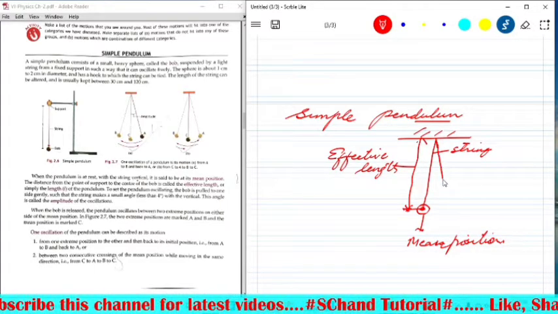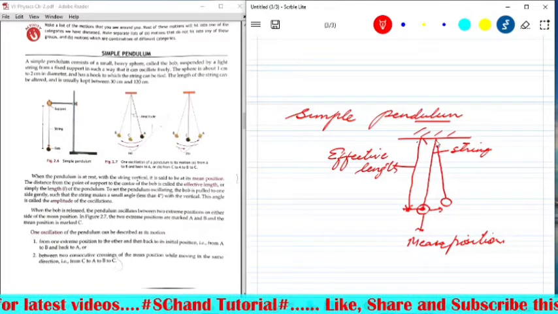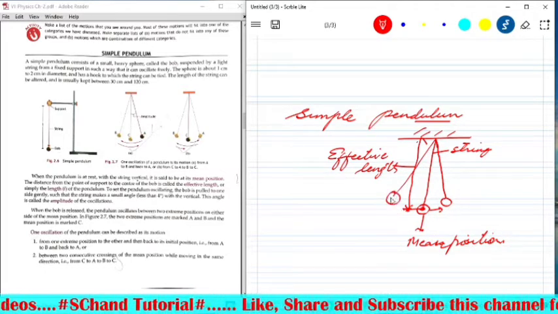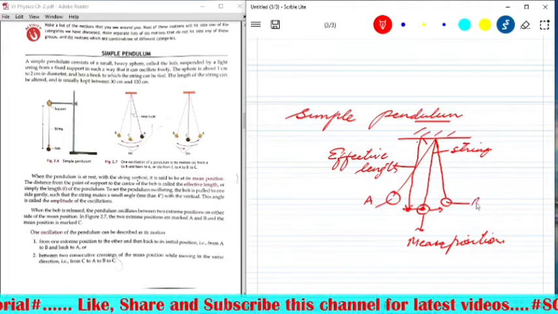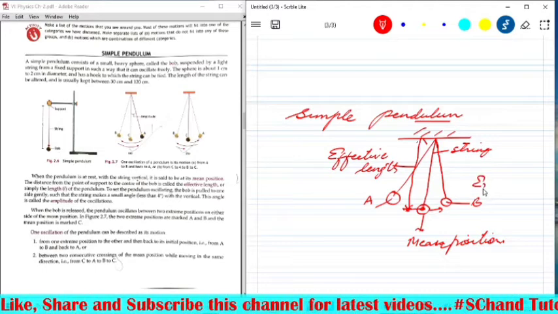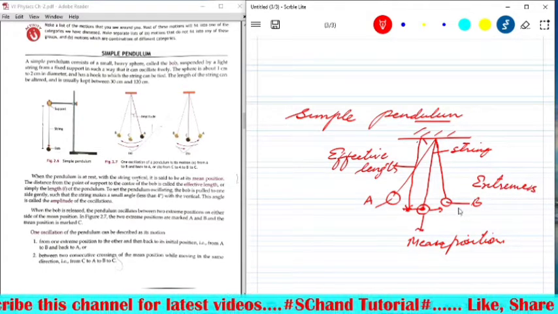When we move this pendulum, it goes to the first extreme and then to the second extreme. These two positions, A and B, are called the extreme positions of the pendulum.